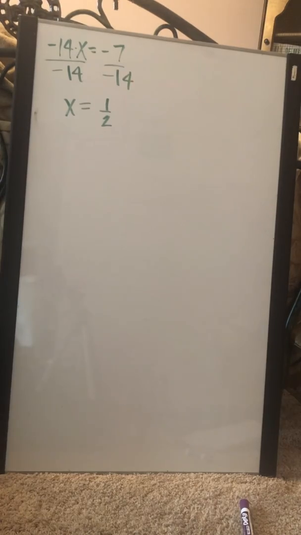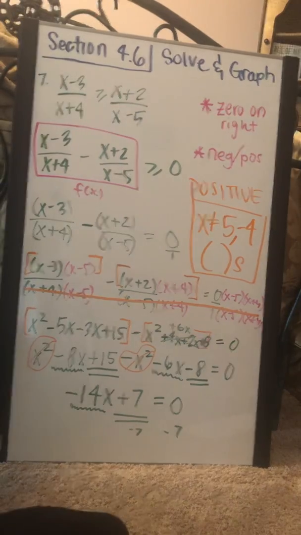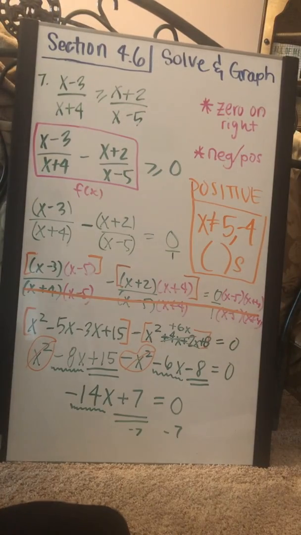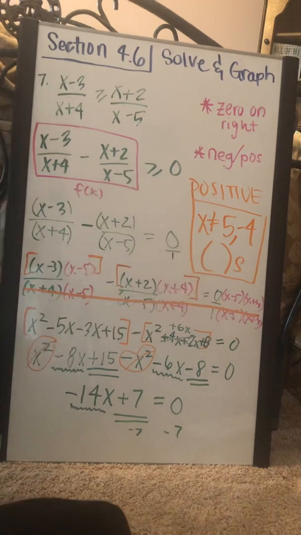Okay, so I need to write down some of the information that we found on this first board. Here, remember, we found that we have to use parentheses for x negative 4 and negative 5 because x cannot be those things.